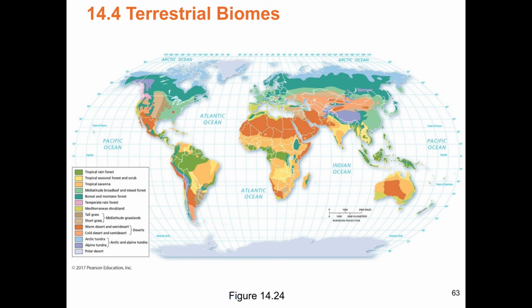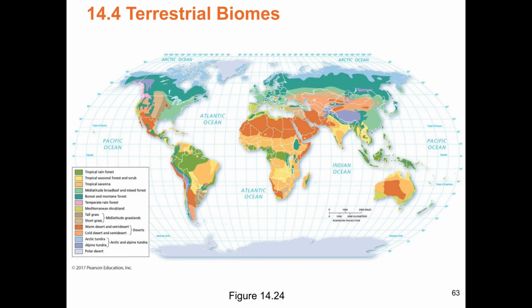So it's got broadleaves that are deciduous that lose their leaves, and then needle leaves. We've got boreal pine trees. This color green is indicating pine trees. Mediterranean shrubland: California, the Mediterranean, a bit of South America, a bit of South Africa, bits of Australia are Mediterranean.